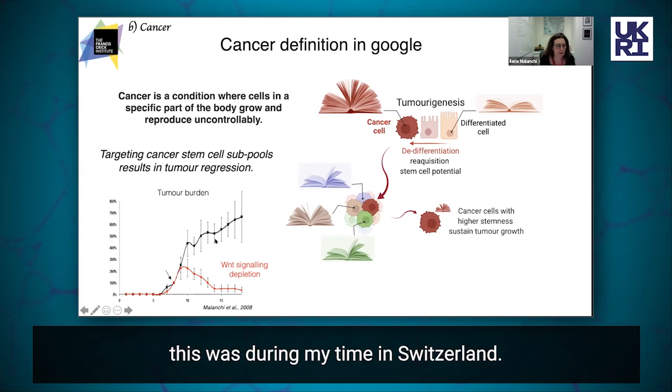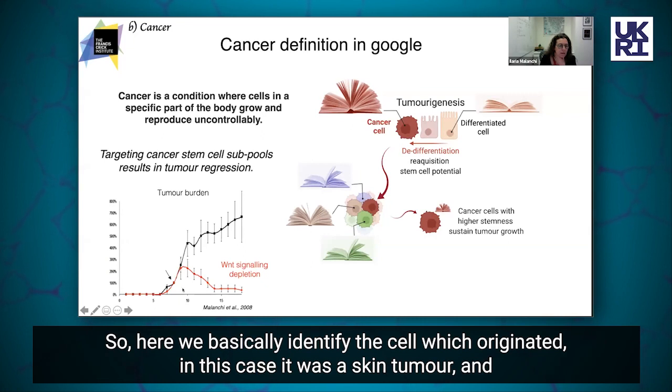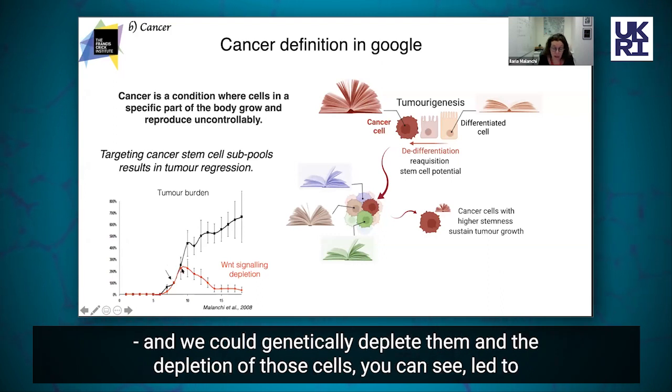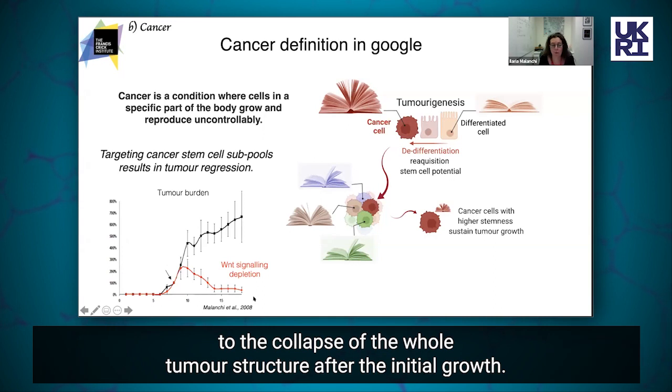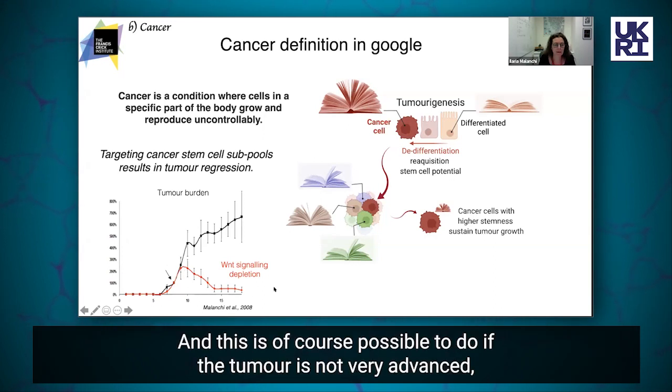This was during my time in Switzerland. Here we basically identified the cell which originated, in this case, a skin tumor, and we could genetically deplete them, and the depletion of those cells, you can see, led to the collapse of the whole tumor structure after an initial growth. And this is, of course, possible to do if the tumor is not very advanced.